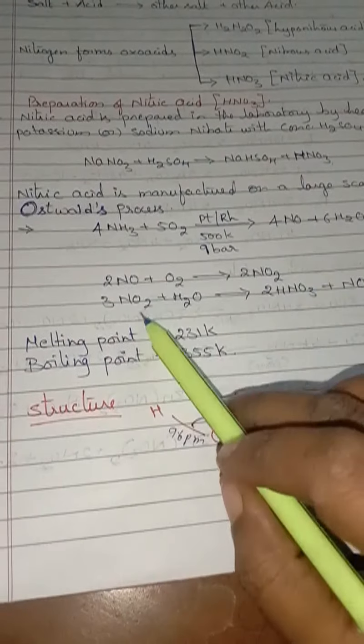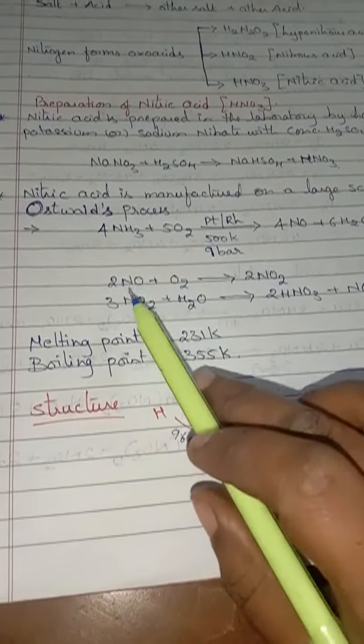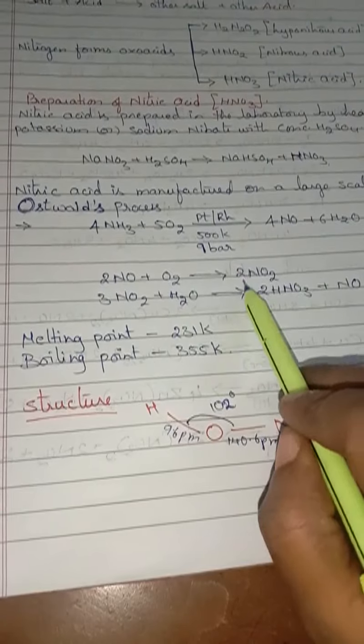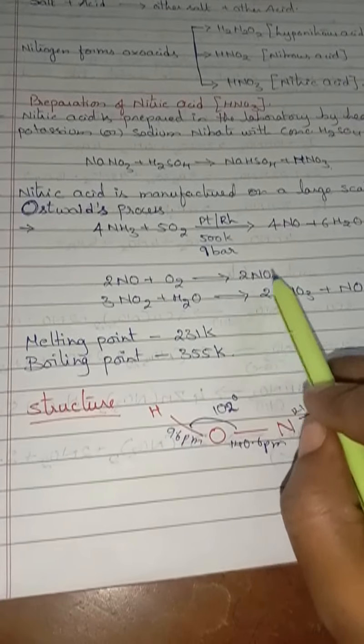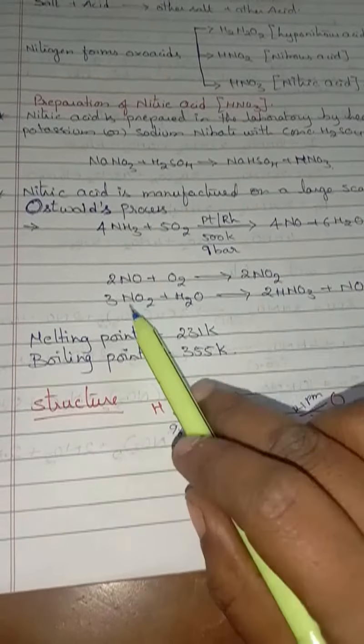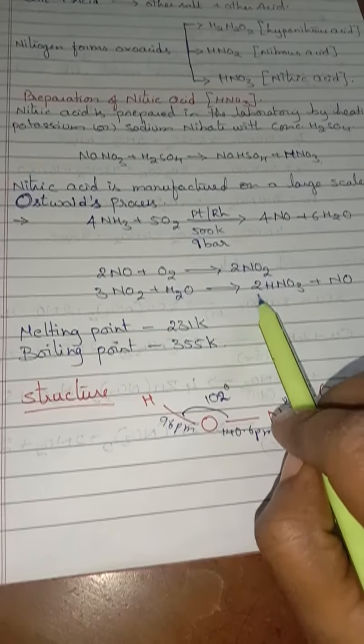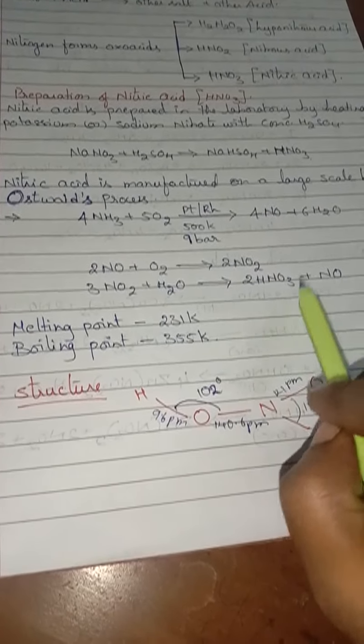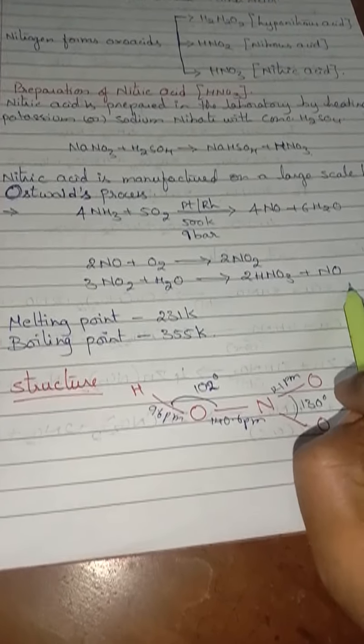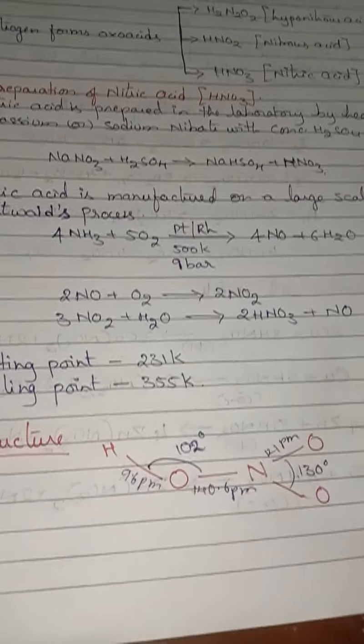And this NO again reacts with oxygen. NO plus O2 gives us 2NO2, that is nitrogen dioxide. This nitrogen dioxide again reacts with water to form nitric acid, that is 2HNO3, and again it gives back NO. So again we got back nitrogen oxide.